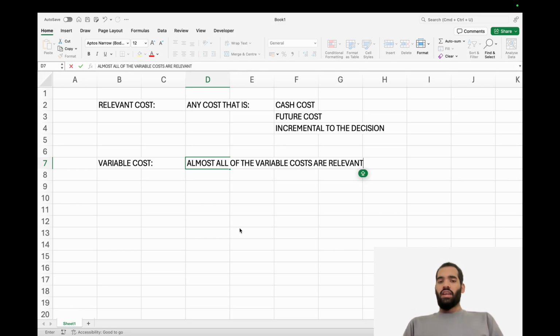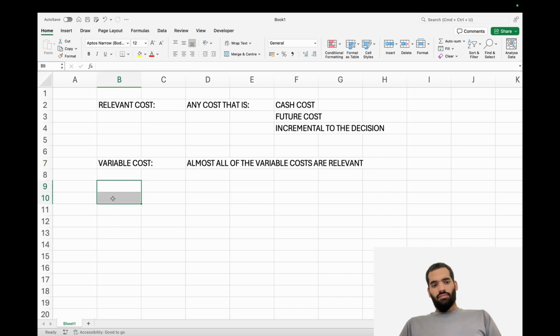The idea is that variable cost by definition happens for everything you do. If you don't do that thing, you don't have to spend this money. That's why variable costs are almost always relevant. I say almost because there are some specific things that are not relevant, but that shouldn't be your concern at the moment.